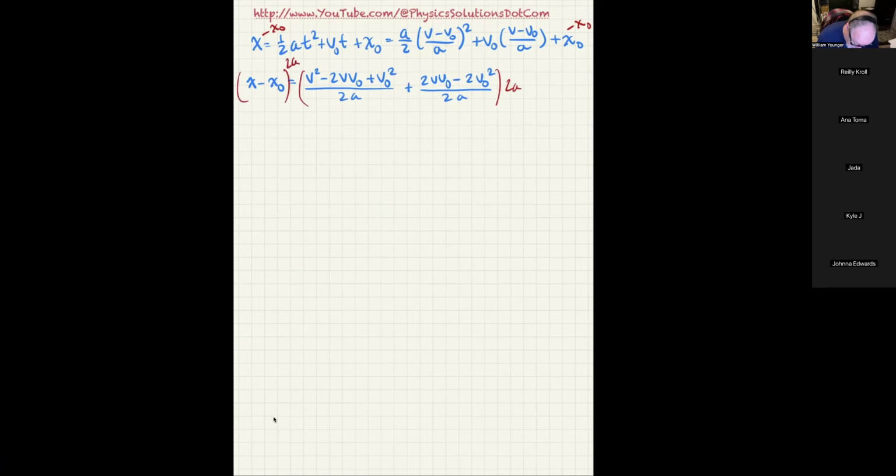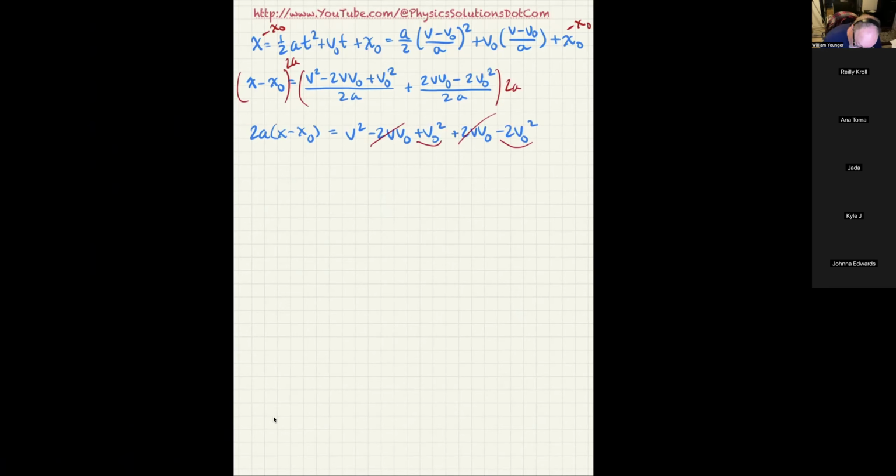And for that case, I'm now going to have 2a times x minus x0 is equal to v squared minus 2v v0 plus v0 squared plus 2v v0 minus 2v0 squared. You can see that the positive 2v v0 cancels out with the negative 2v v0, and you also see that the v0 squared minus 2v0 squared is going to leave just a v0 squared negative.